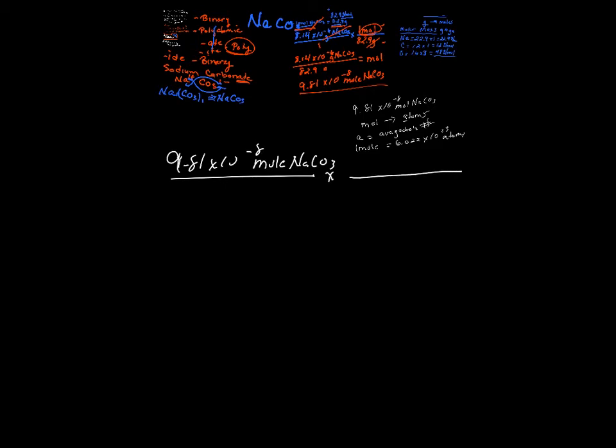Once again, here's my conversion factor. I know it's a little small, but it's 2 values and I have 2 spaces. It's units that I want over units that I have, right? Or in this case, if I have moles here, then the moles go at the bottom. 1 mole of sodium carbonate is 6.022 times 10 to the 23rd atoms of sodium carbonate.